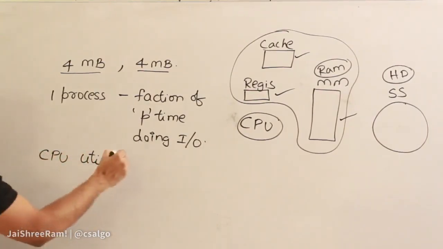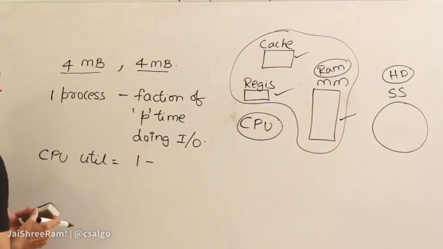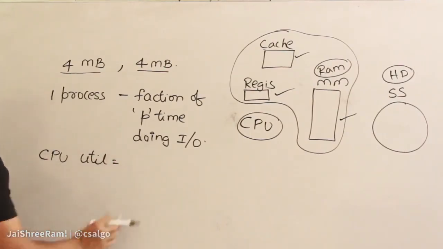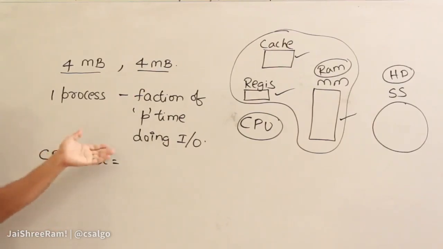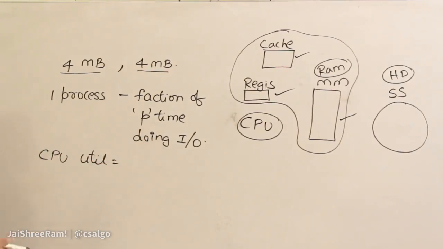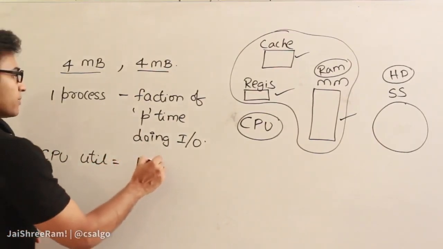What is CPU utilization? The amount of time that you use the CPU running the program, right? But the program needs only a 1 minus p fraction of time on the CPU and the other p fraction of the time doing IO. Therefore, CPU utilization is going to be 1 minus p.